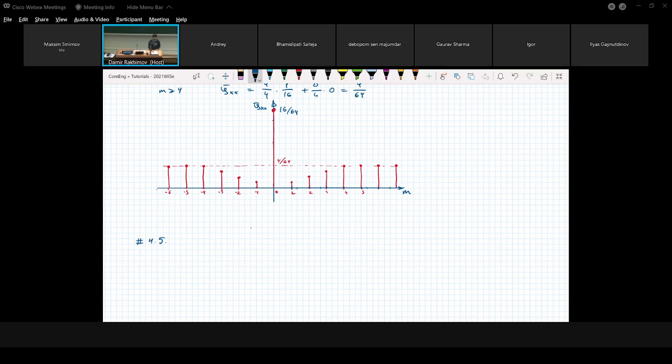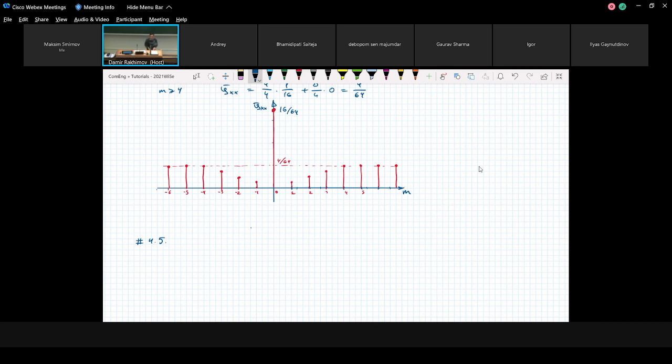By the way, what's the energy of such a noise? It's infinite, because you remember that you calculate energy as the integral from minus infinity to infinity of the power spectrum density. Here we have constant power spectrum density for all frequencies from minus infinity to infinity.